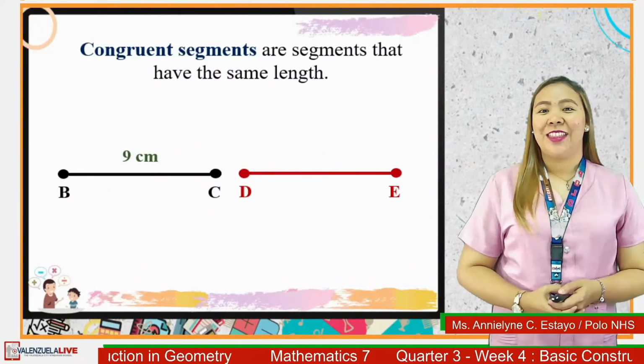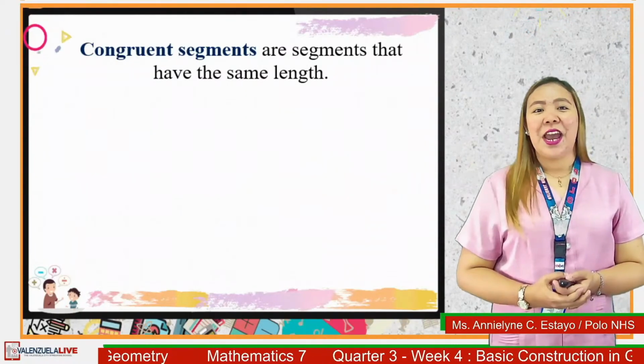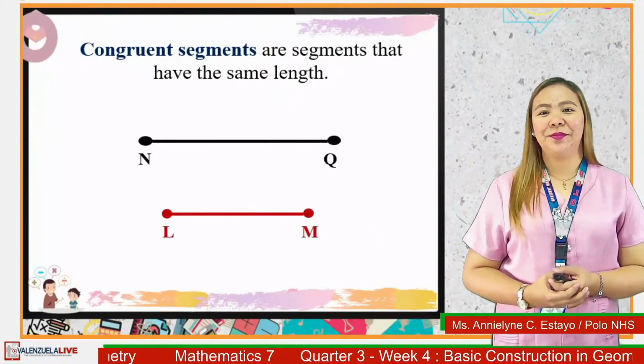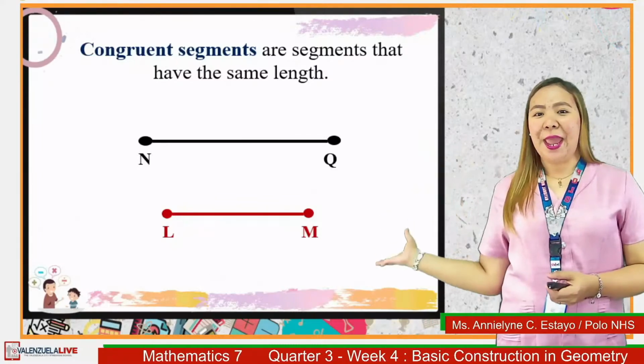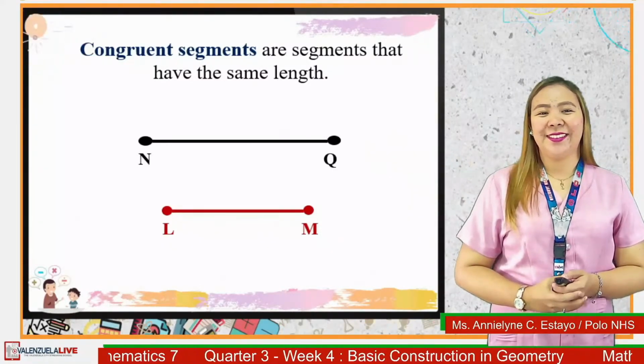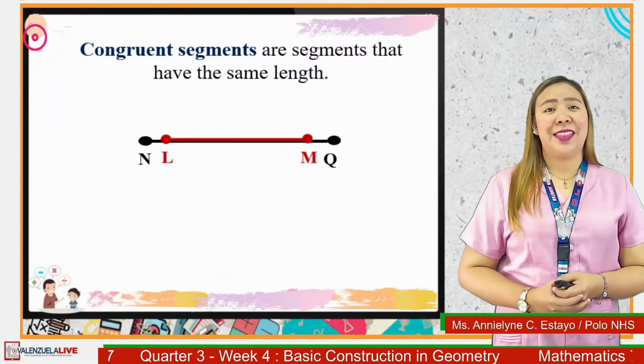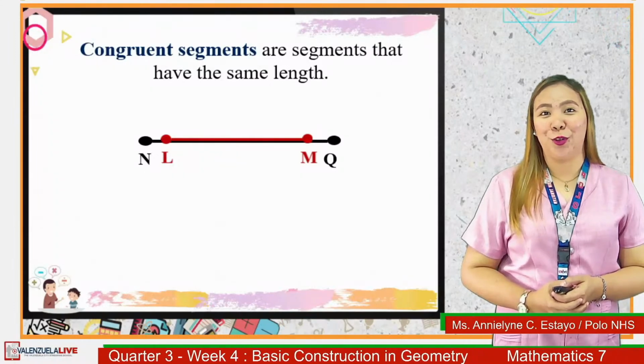Very good. That is 9 centimeters also. Another example is segments LM and NQ. Let us see. Obviously, these segments are not congruent.